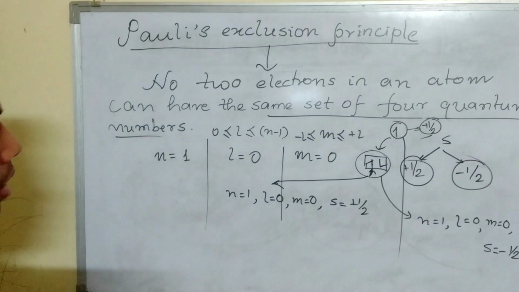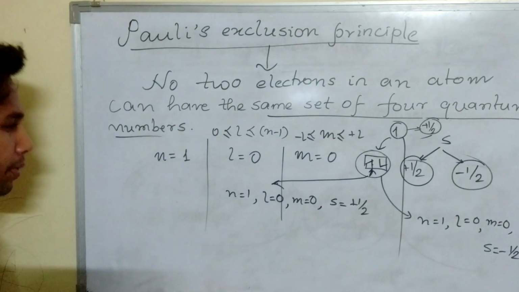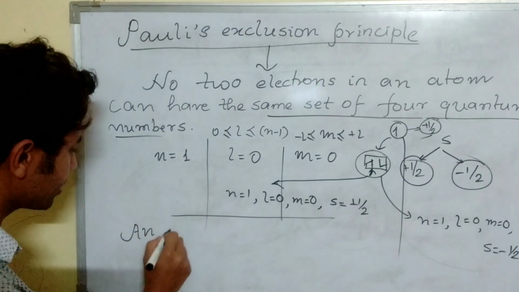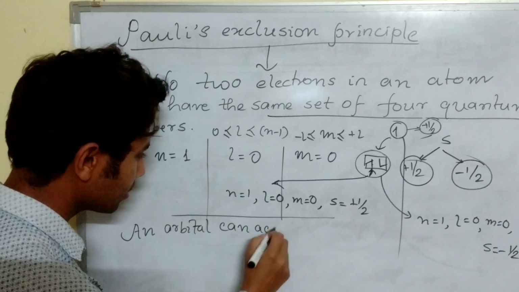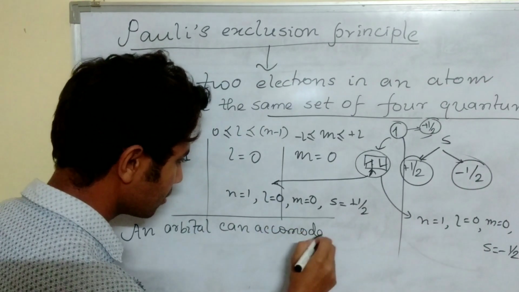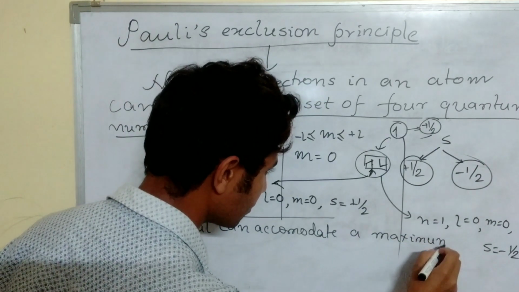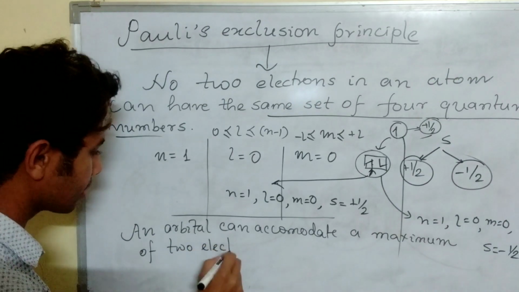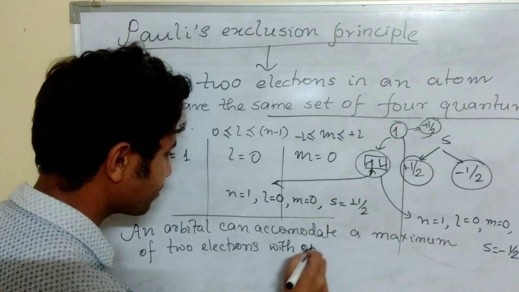So now another statement of Pauli's exclusion principle comes, which is: an orbital can accommodate a maximum of 2 electrons with opposite spin.